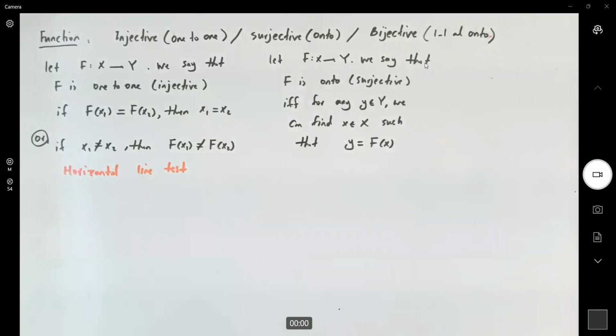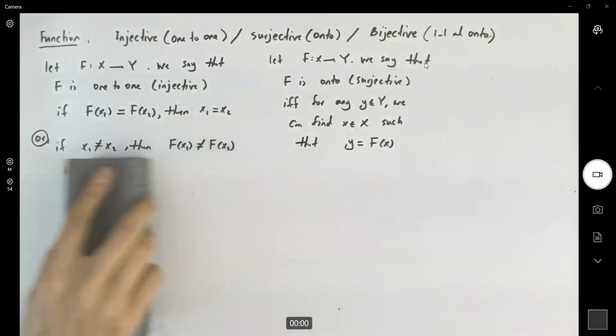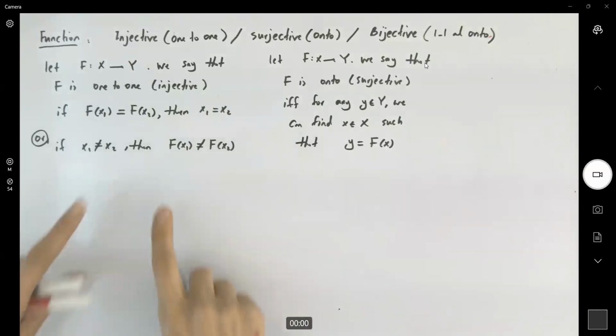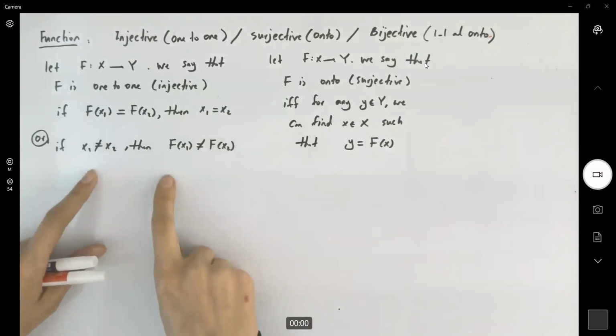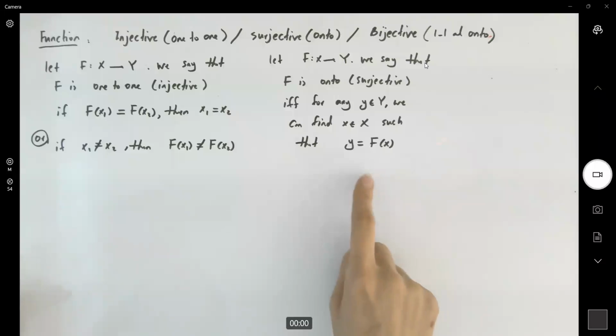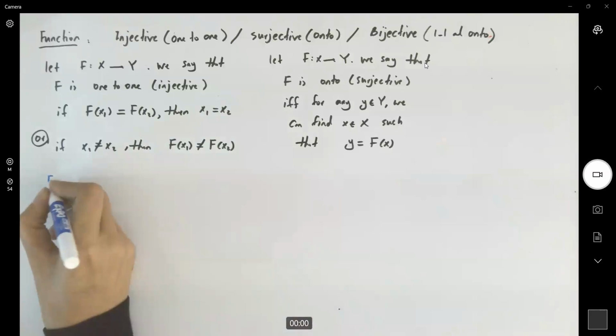Okay, so let's look at an example. Analyzing a function being one-to-one or injective is easy. Sometimes students have difficulty with being surjective. Example.